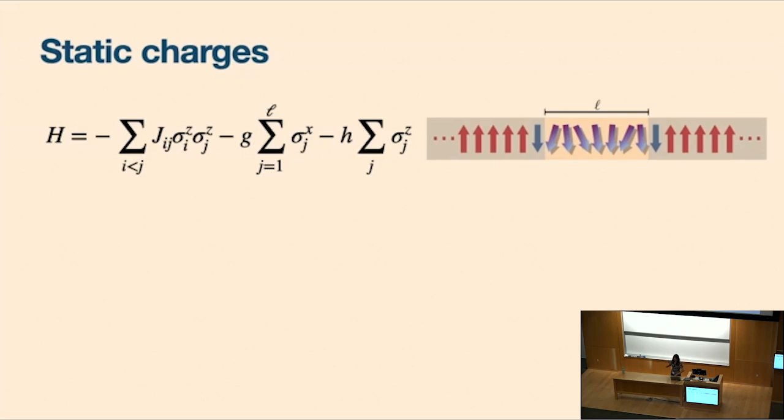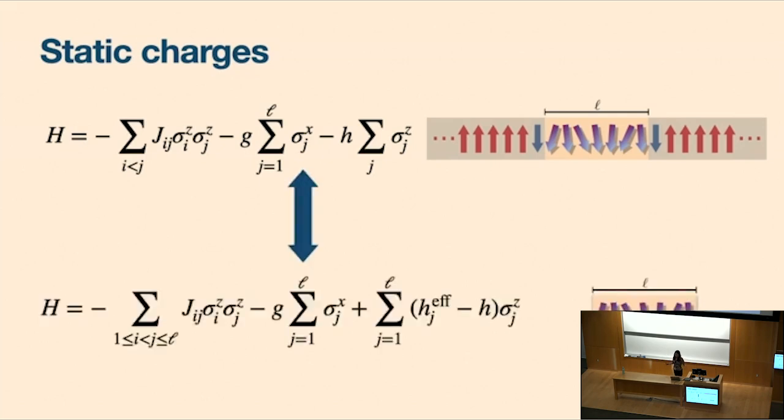Okay, so in this sense, these two domain walls are two static charges, and it means that now we don't need to simulate the entire system. It's enough to simulate just the internal spins. And the effect of the external spins essentially gives rise to a site-dependent longitudinal field, this H_j effective.